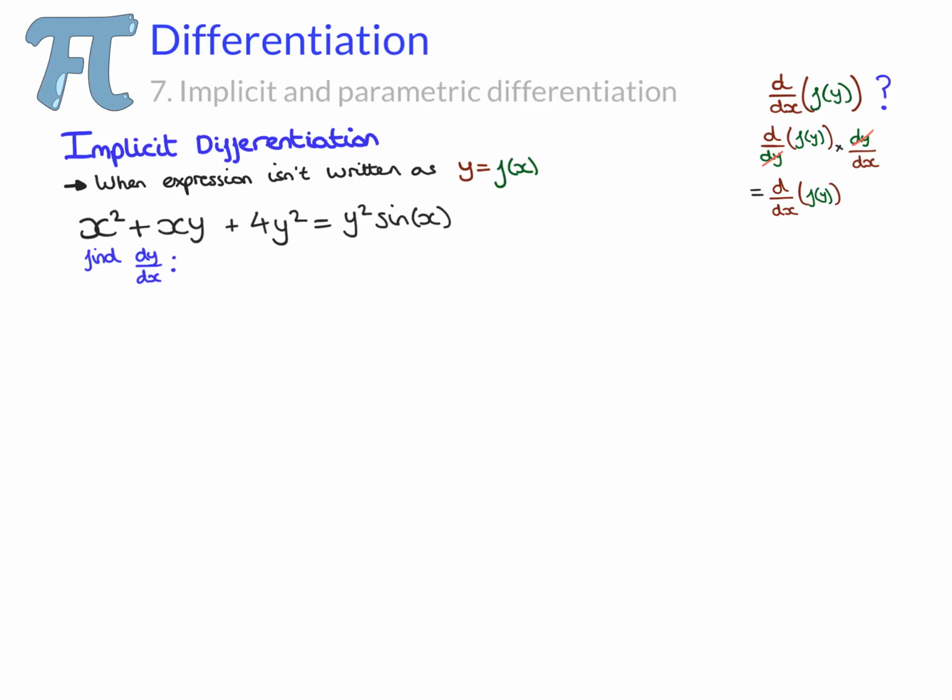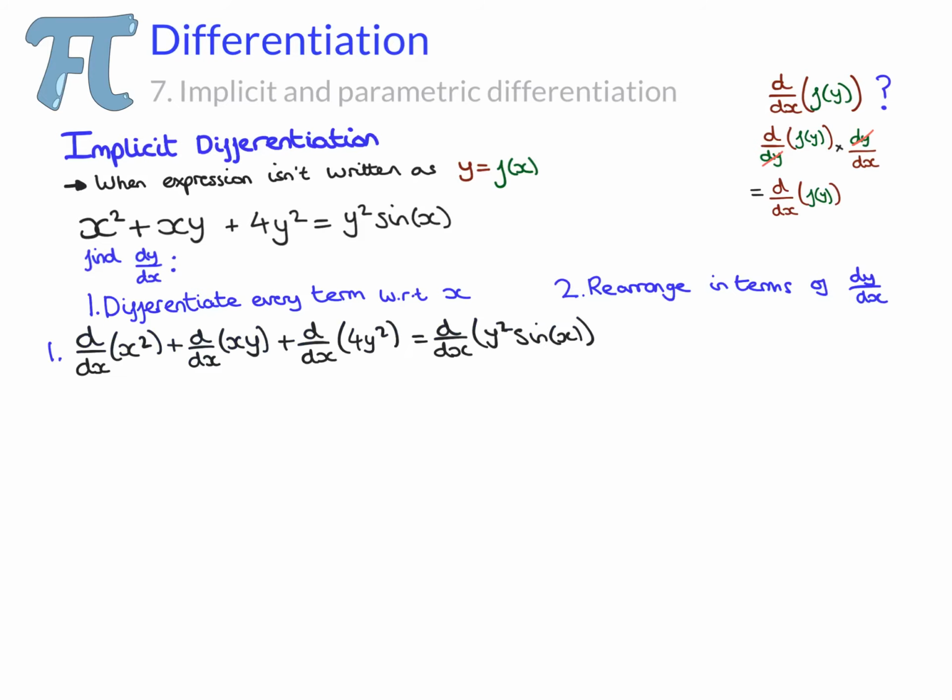The strategy is to differentiate each term at a time with respect to x and then rearrange the result. When we say differentiate each term at a time with respect to x, we mean apply the operation d/dx to that term. d/dx of x squared is 2x. So far so good. The next term is more difficult. Since we have two things multiplied together, we know we're going to need to use the product rule. We identify each term separately and differentiate them with respect to x.